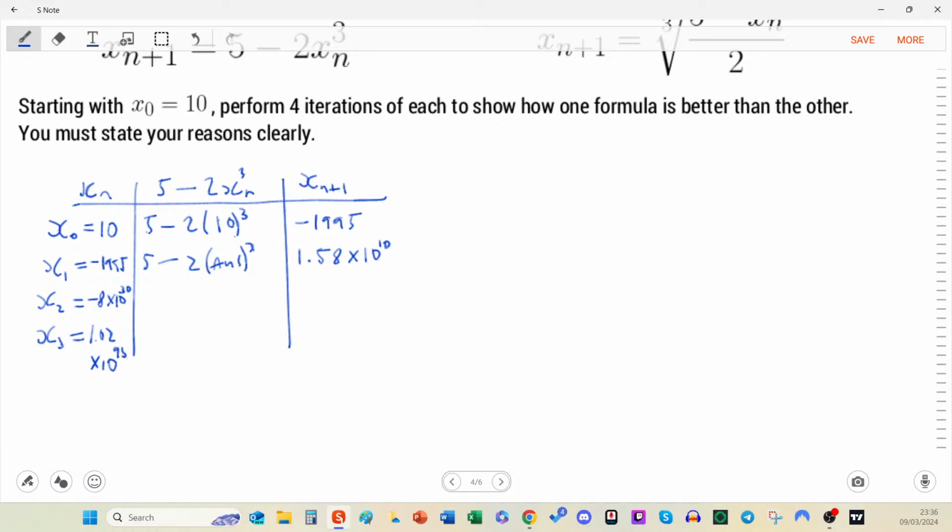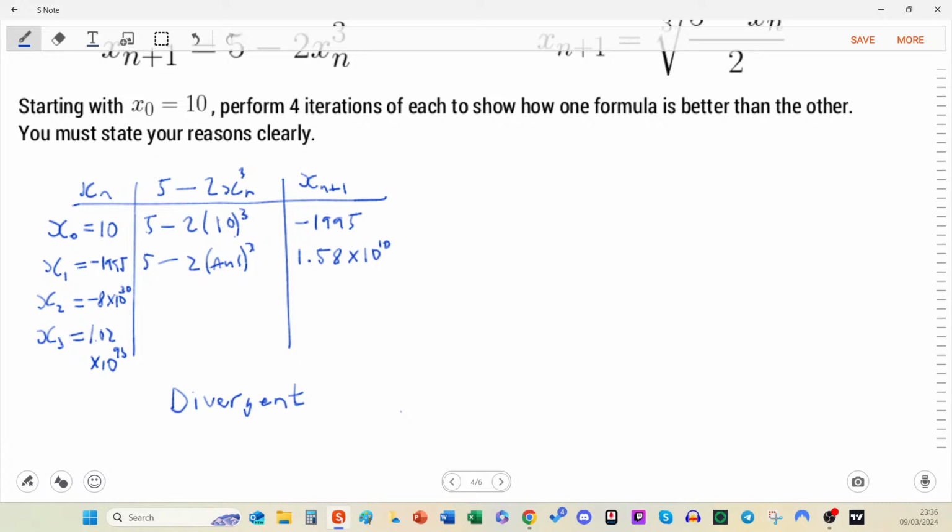Okay, so I think you're getting the idea that this number is getting bigger and bigger. What we would call this is divergent. I'm hoping that the other rearrangement is better. There's such a delay on the screen, I'm sorry.